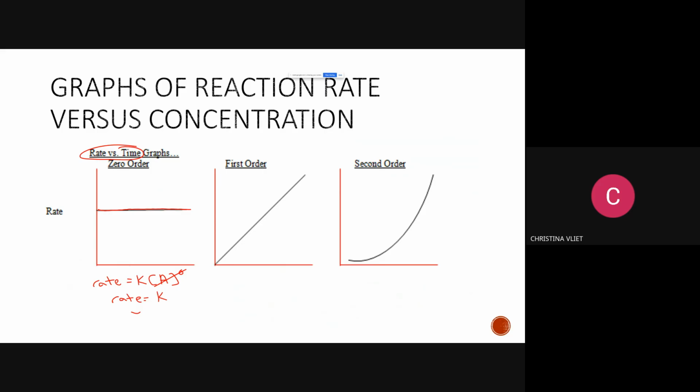First order reaction, that's rate equals k[A] to the first. So this is actually the graph of y equals x, isn't it? This is just the standard graph of y equals x to the first, because this is rate equals a number times whatever this is to the first.